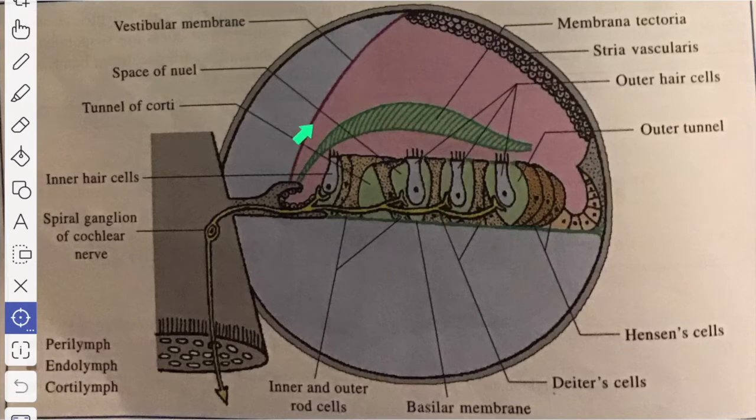The vestibular membrane is made up of an outer layer of flattened epithelial perilymphatic cells, an intervening basal lamina, and an inner endolymphatic surface which is lined by a layer of simple squamous epithelium.